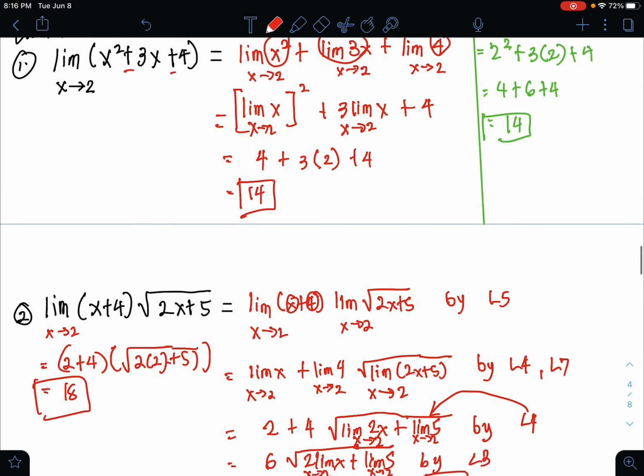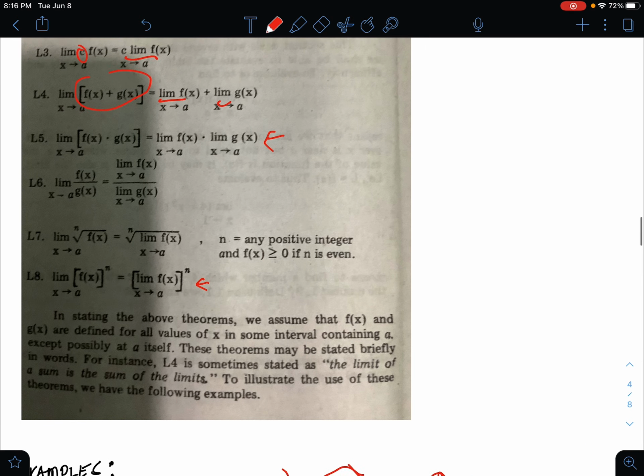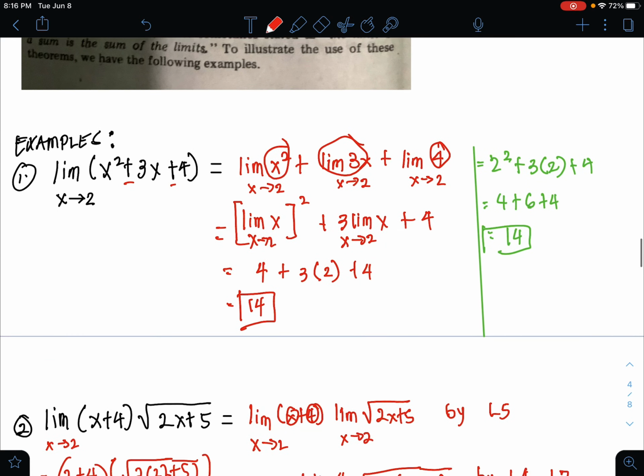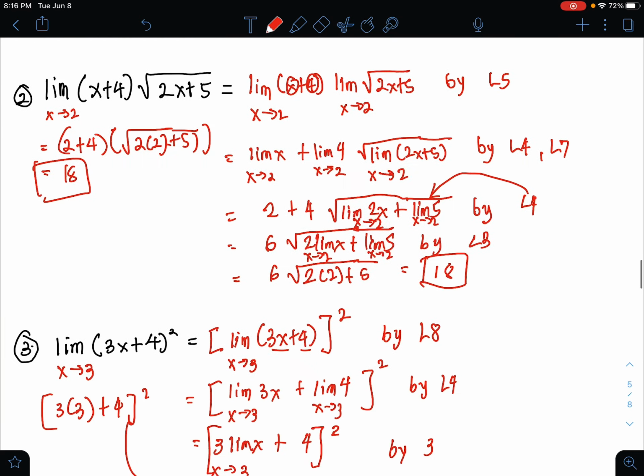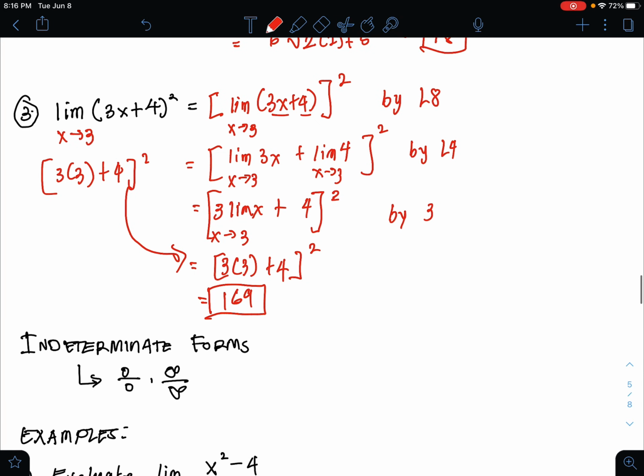Okay, so that is very basic for the theorems of limits in determinate forms. Now, how about indeterminate forms? In indeterminate forms, we want to avoid the answers 0 over 0 and infinity over infinity. That is what we call indeterminate form, undefined.